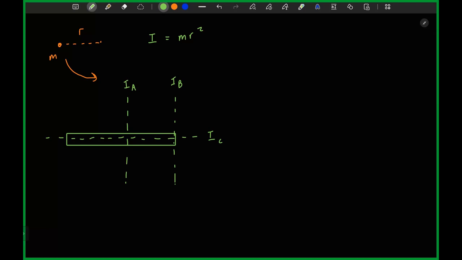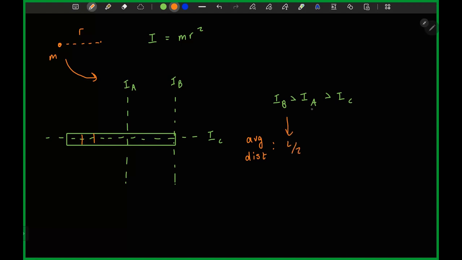So the actual ranking will be that IB is greater than IA, which is greater than IC. And why is that? If we look at axis B, if we imagine breaking up the rod into an infinite number of point particles, the average distance of those particles will be L over 2.